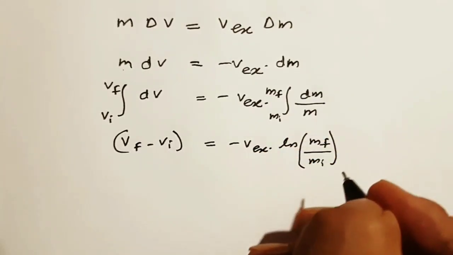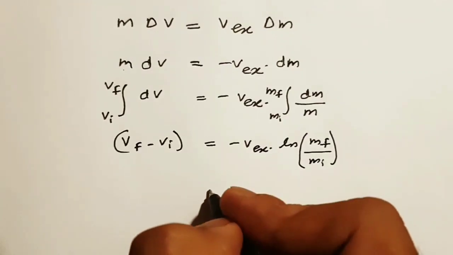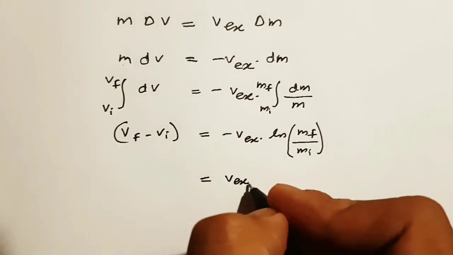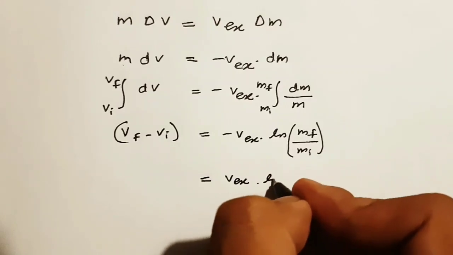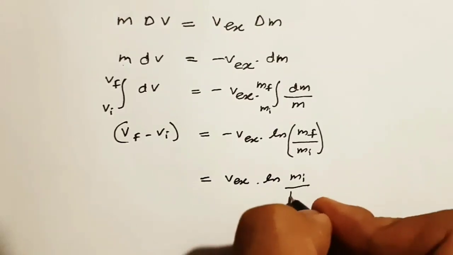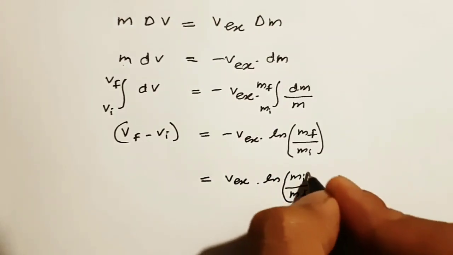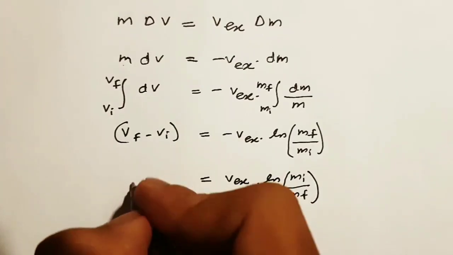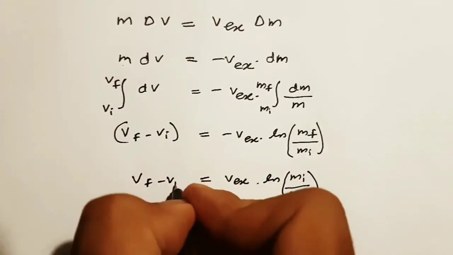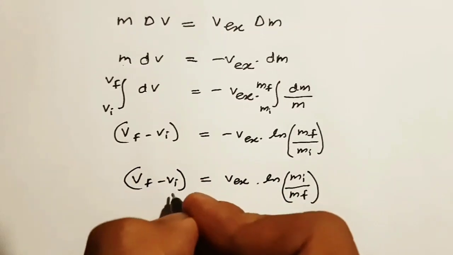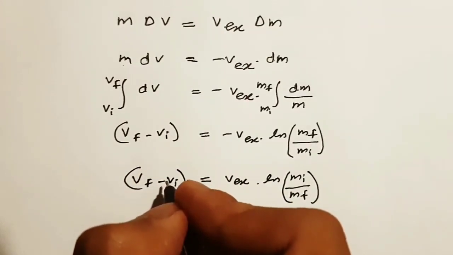We can simplify this further and see that v exhaust times ln of m initial over m final is equal to the final velocity minus the initial velocity. This would be the change in velocity.